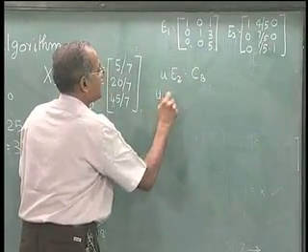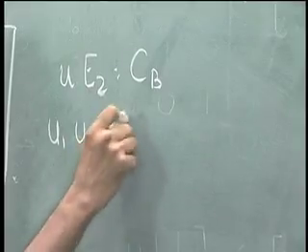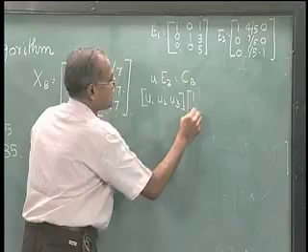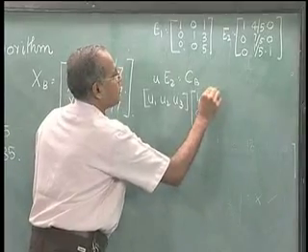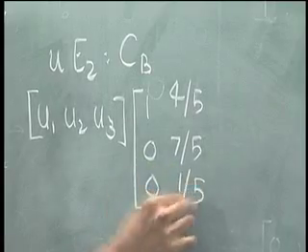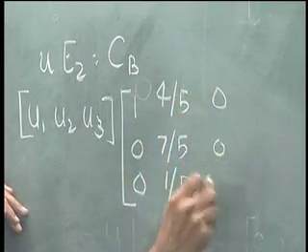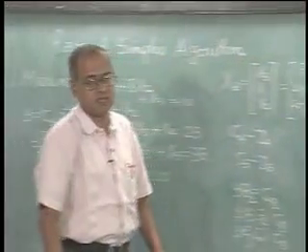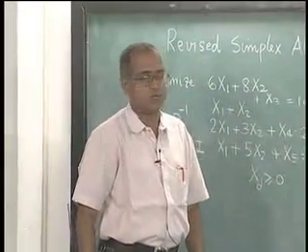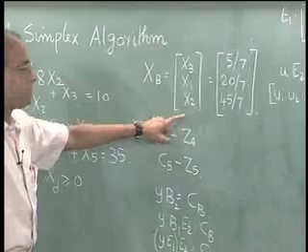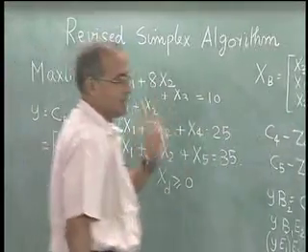So, u is written as U1, U2, U3 into E2, which is 1 0 0, 4 by 5, 7 by 5, 1 by 5, 0 0 1, is equal to C B. C B is the objective function coefficients of the basic variables x3, x1, x2. So, 0, 6 and 8.